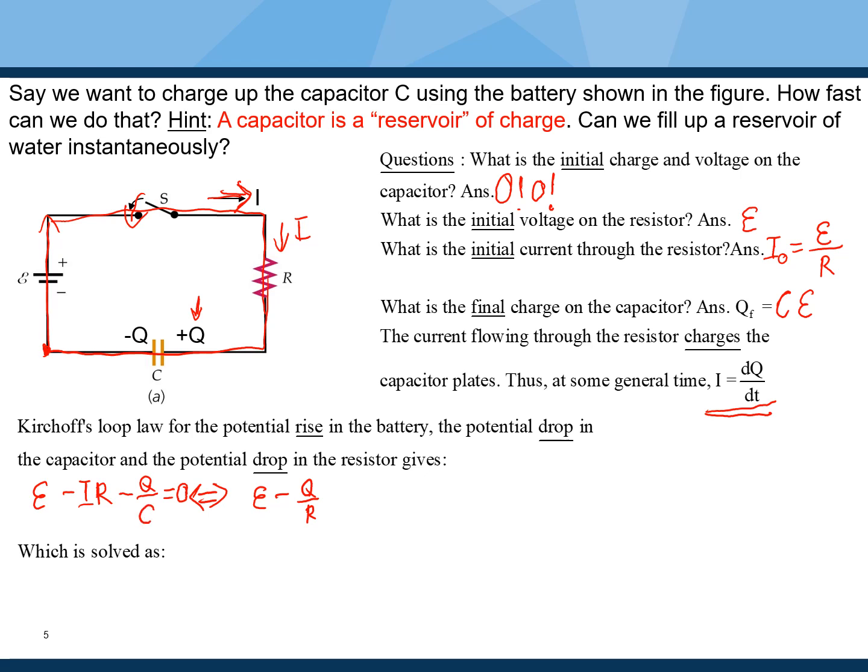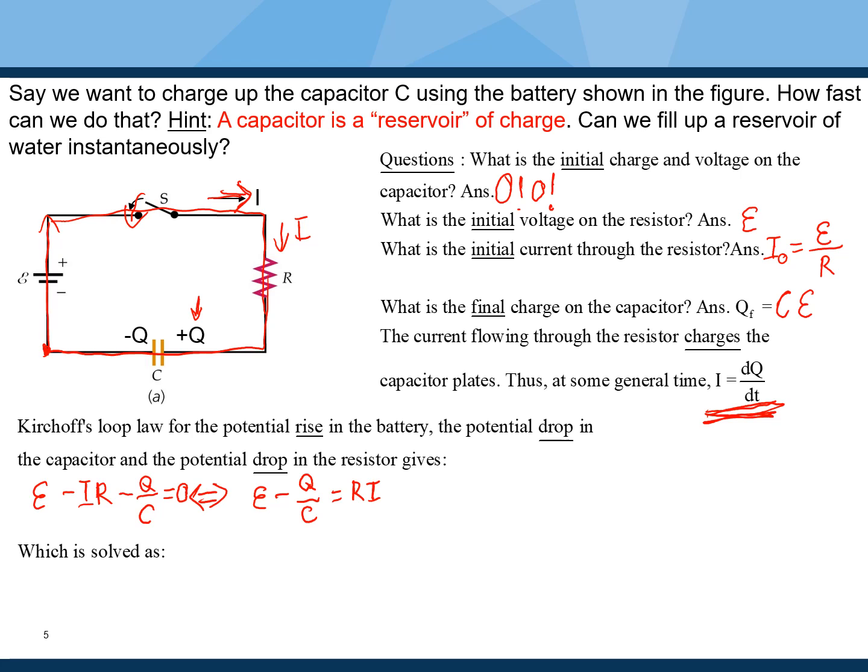And here too, I should have had E minus Q divided by C, which is equal to R times I. But in place of I, I can use this expression, where I assert that all the current flowing in this circuit goes to build up charge on the capacitor.